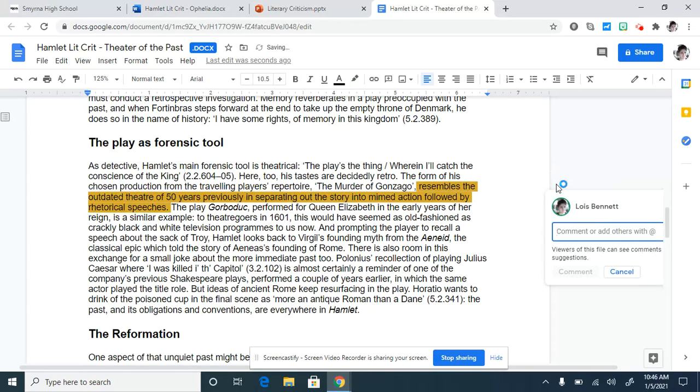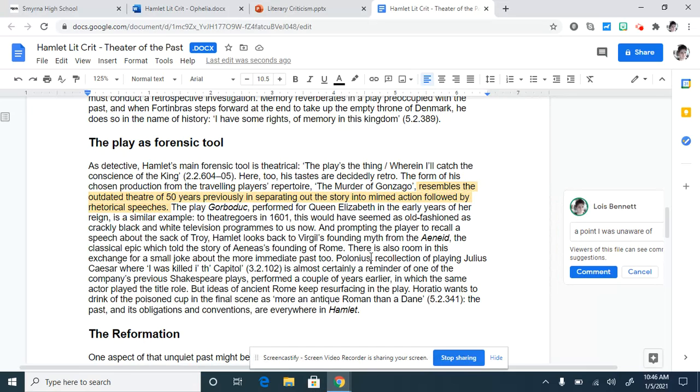This is a point I was unaware of. So if I'm reading this article and marking it, I would appreciate this writer's research to let me know that this was an older version of a play performance. I did not realize that.